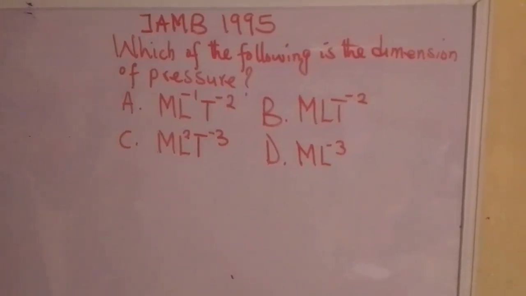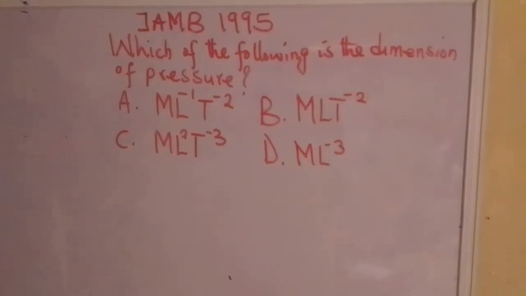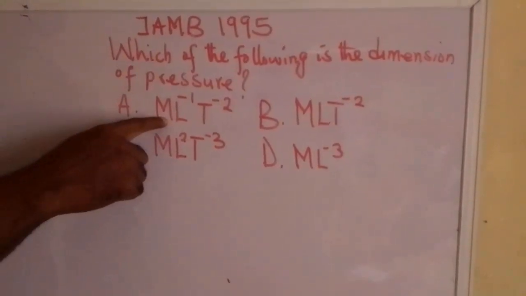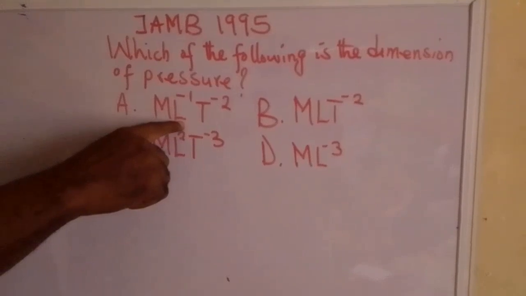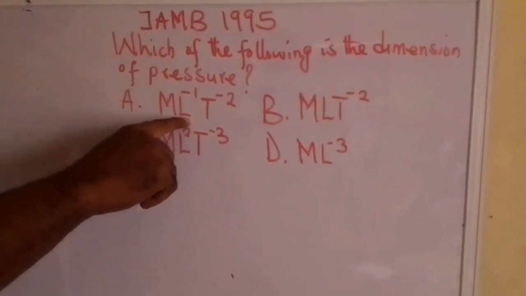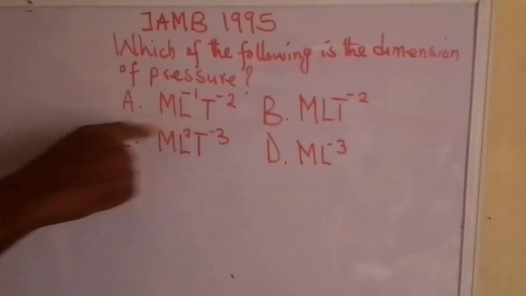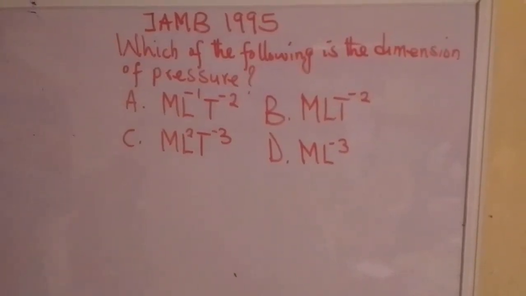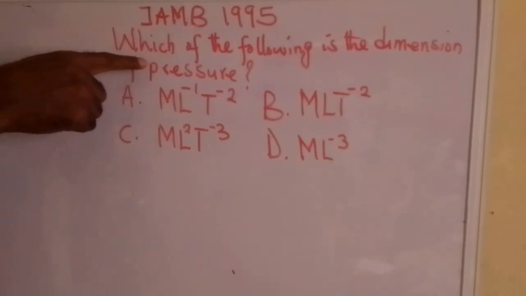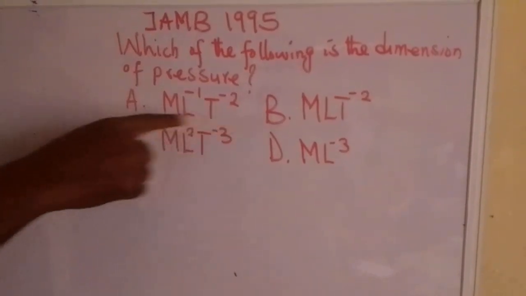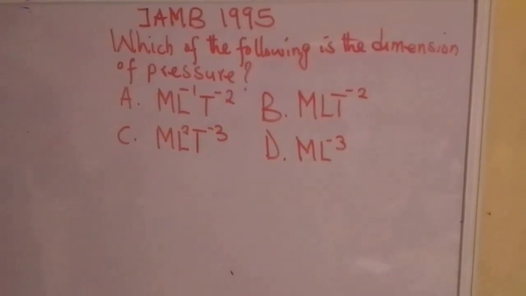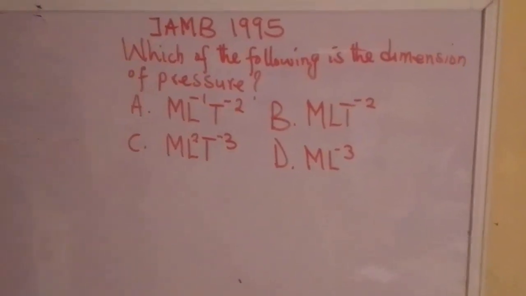I'll repeat this again, very important. When you're doing dimension, wherever you meet mass, you write capital M. Wherever you meet length, you write capital L. Wherever you meet time, you write capital T. Now the question is, find the dimension of pressure by yourself and check which option is the same as the one you got. Now let's do it together again.